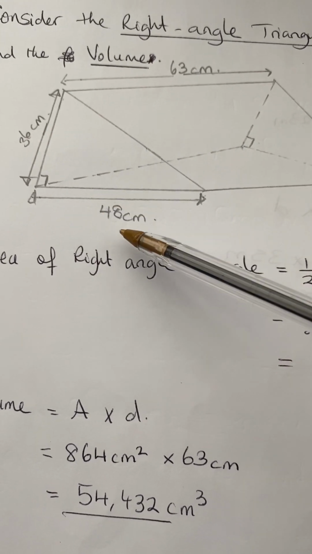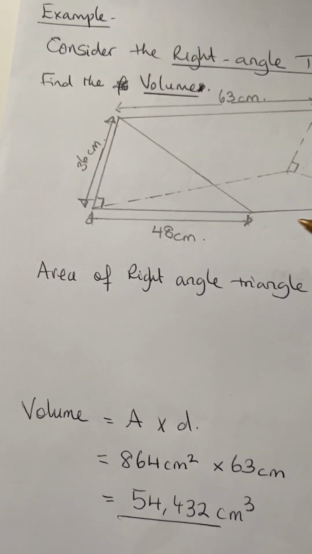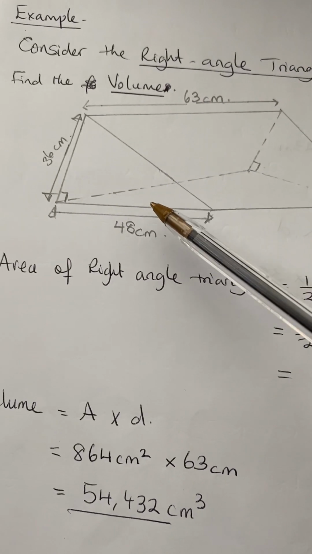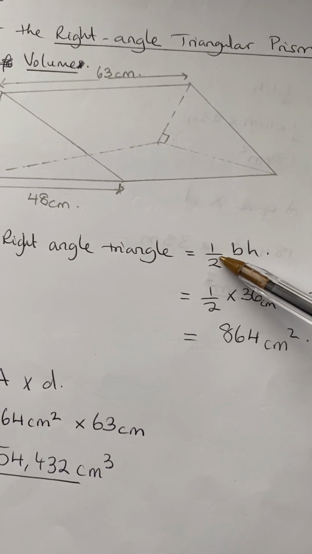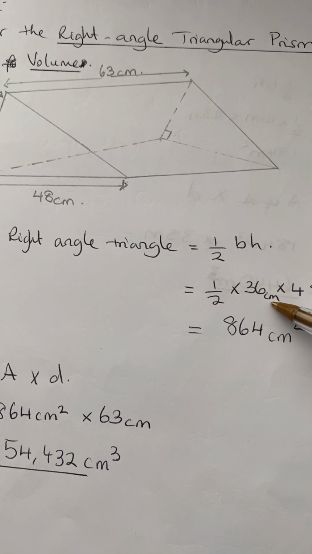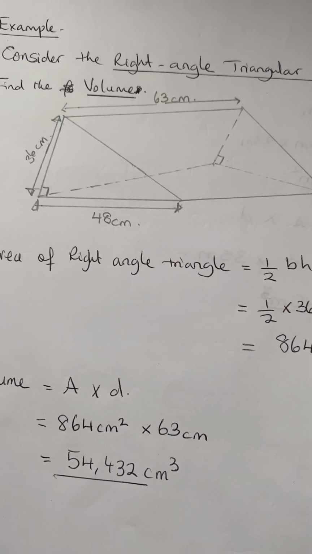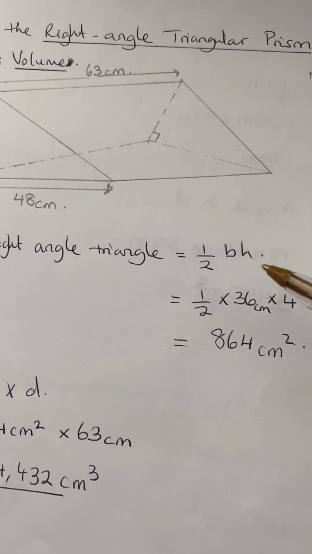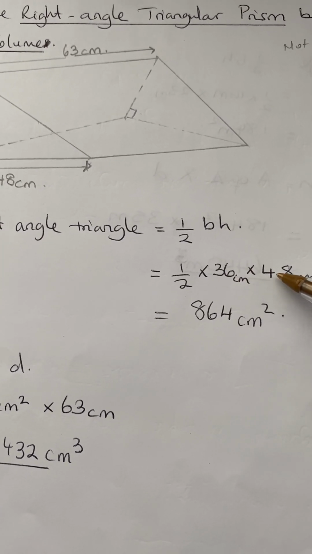Okay, and then the base is 48 centimeters. So the area in our unit is in centimeters, so the area will be half 48 there, which is our base, and our height 36 centimeters. Again, remember your unit.